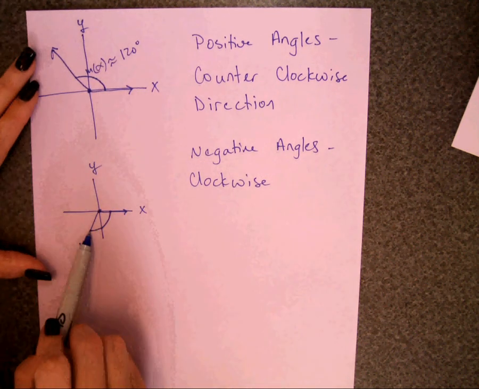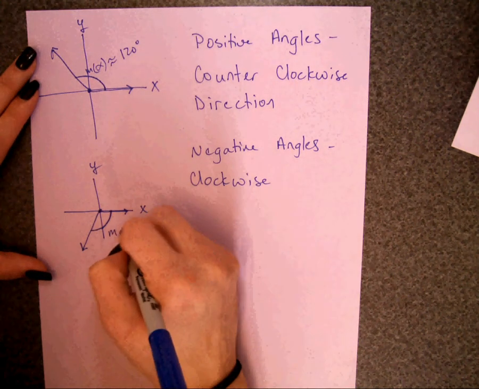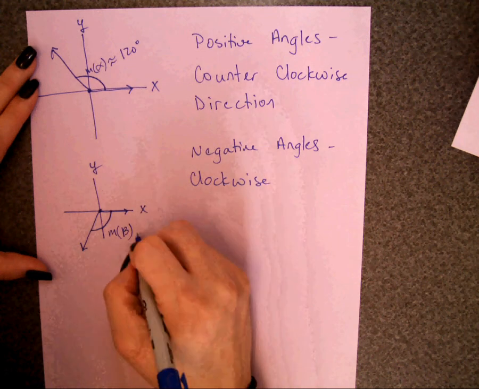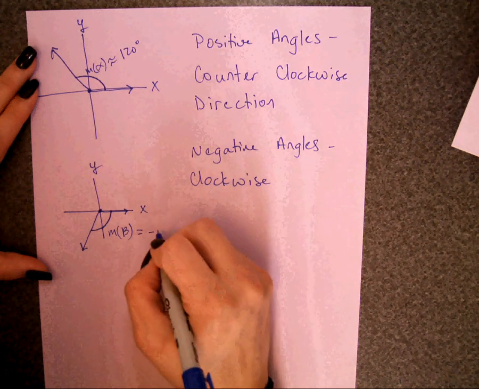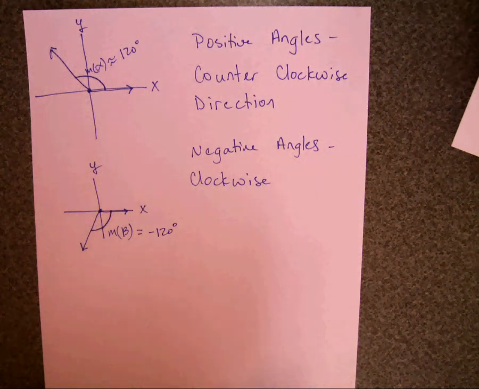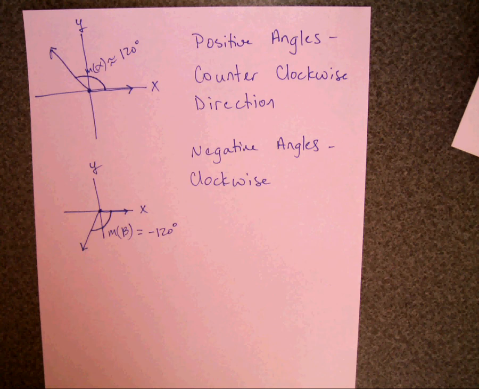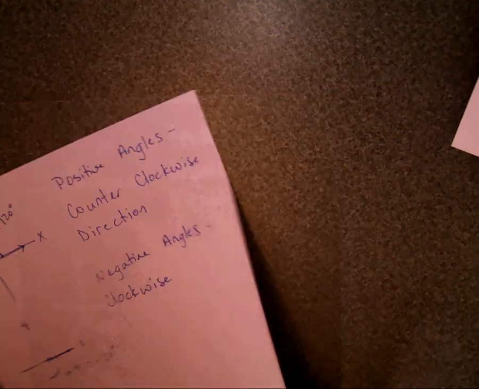We'll call this one beta. So the measure of angle beta is approximately negative 120 degrees. So positive angles if I'm going counterclockwise, negative angles if I'm going clockwise. So the last thing we're going to look at in section 1.1 are coterminal angles.